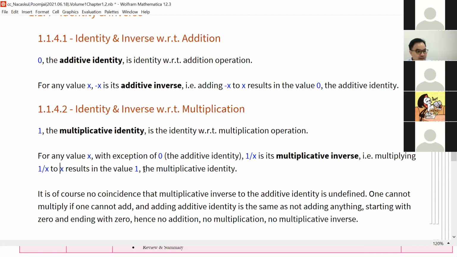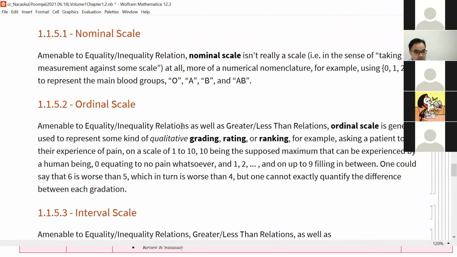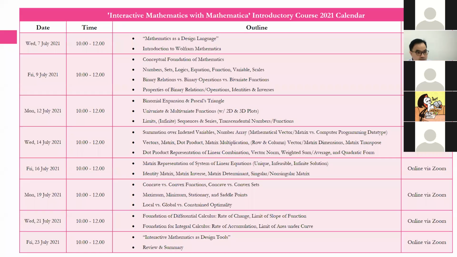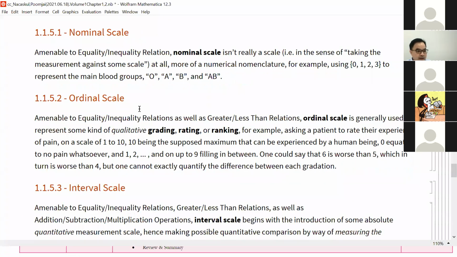So this is additive identity, multiplicative identity. Now, today, oops. Okay, today I want to get to the last thing I didn't write here, but this thing is what's called number scale.